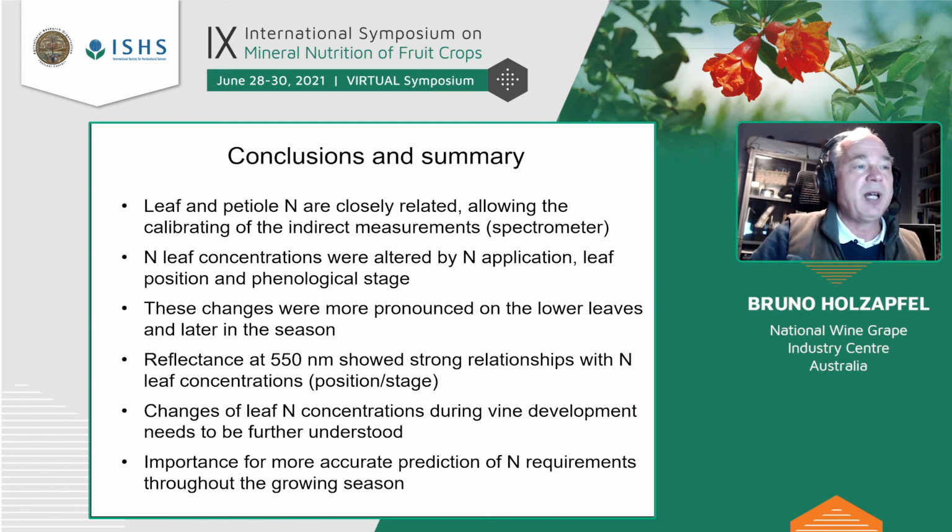We created quite a range of nitrogen levels in time, position of leaves, and also the treatments. But these changes were more pronounced in the lower leaves and later in the season. And the reflectance using the spectrometer showed strong relationships with nitrogen leaf concentration, regarding position on the stem. There's an issue there.